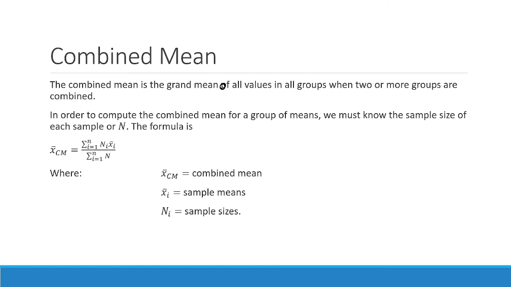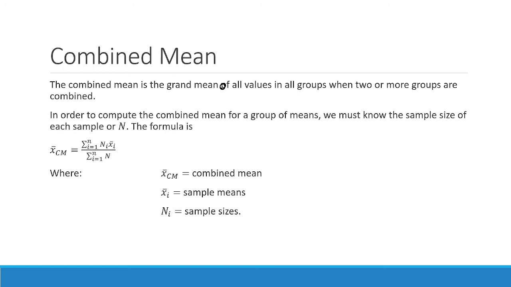So in order to compute for the combined mean for a group of means, we must know the sample size of each, or the n. So the formula will be this one. Para lang siyang weighted mean kung titingnan nyo.